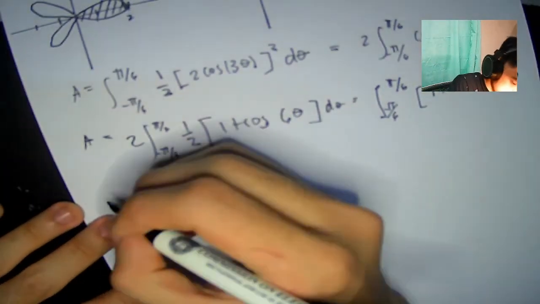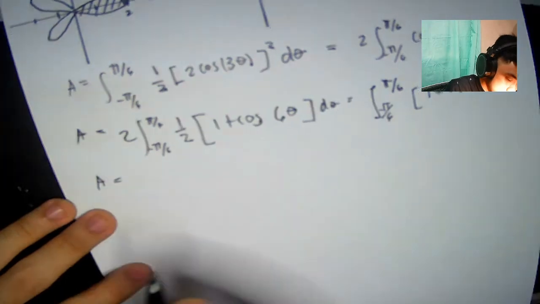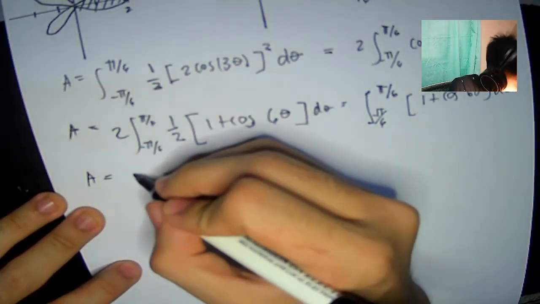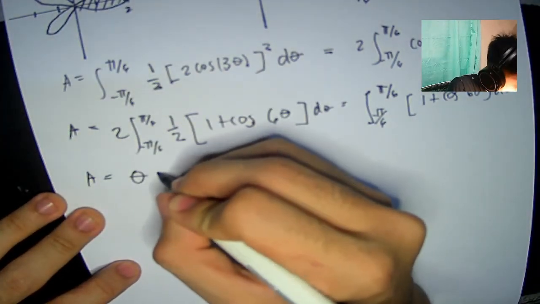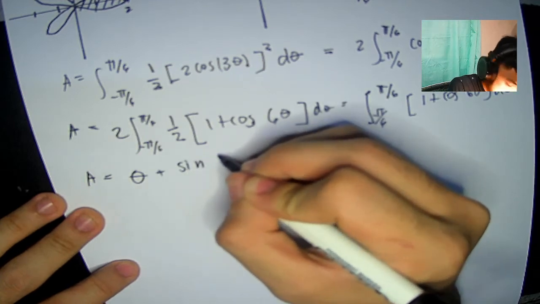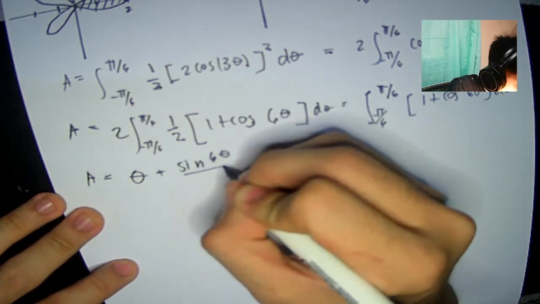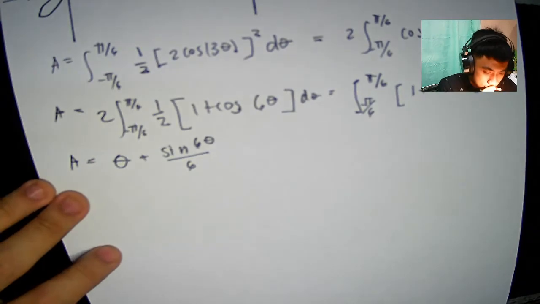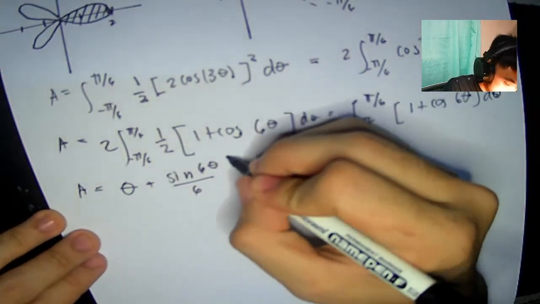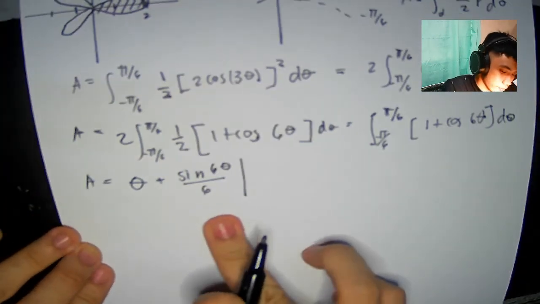So A equals, we're going to have here theta plus sine 6 theta over 6, and that is our function this time.